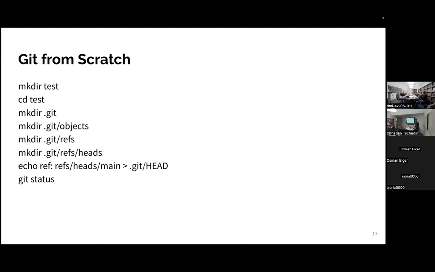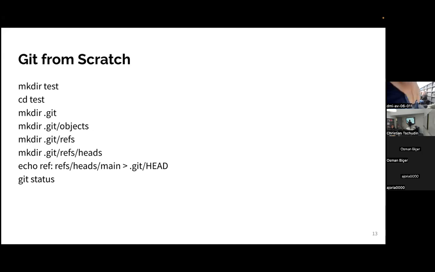Anyway, sorry. No problem. So creating a new repository is as simple as you see here. You just create one empty folder named .git, and inside this folder you need two subfolders, because we have two types of items, objects and references or pointers.